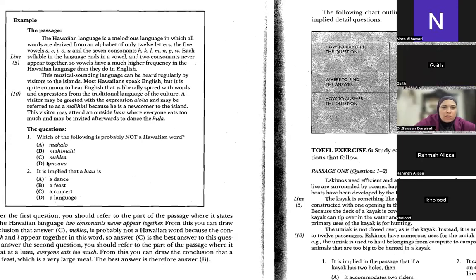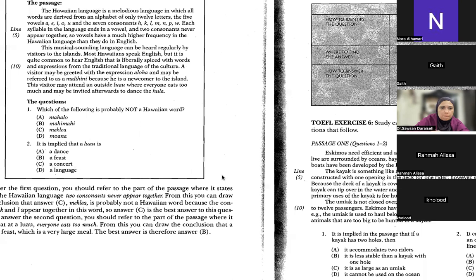Dr. Ghaith, would you like to read these questions for us and answer them? Which of the following is probably not a Hawaiian word? I think it's C. Why? Because in the first paragraph, two consonants will not appear together. Look here, it says words are derived from the alphabet.